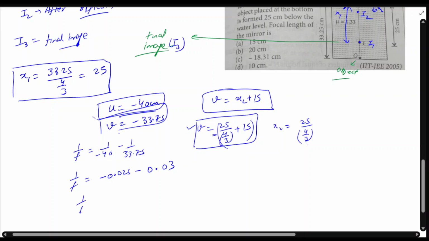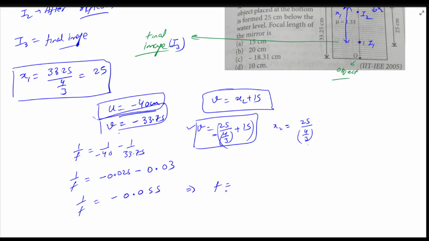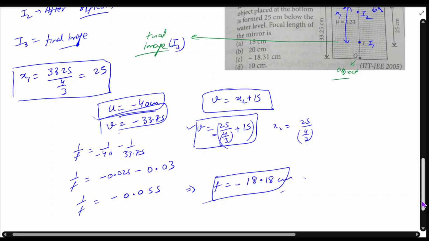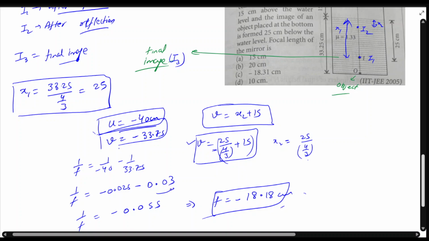So 1 by f will be equal to minus 0.055. So focal length will be the reciprocal of this, 1 upon 0.055, so it will be minus 18.18 centimeter.